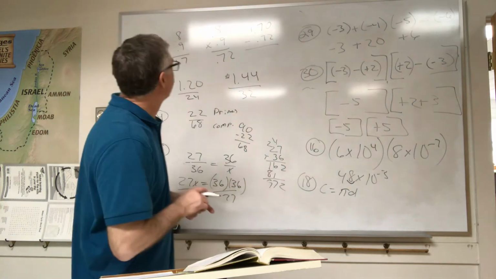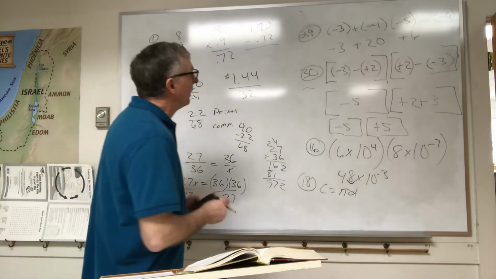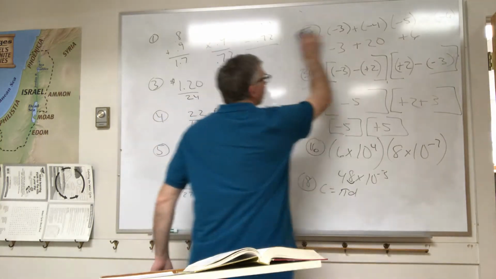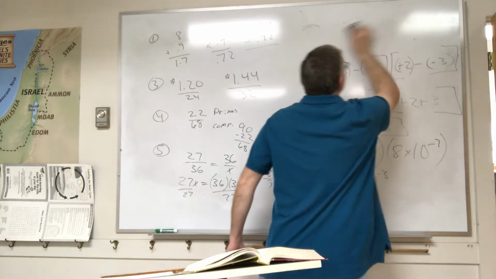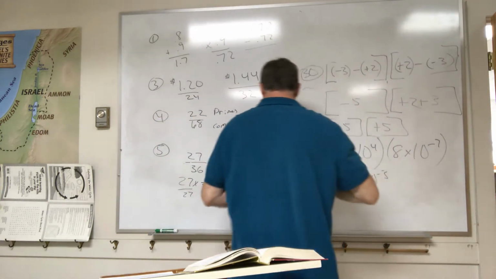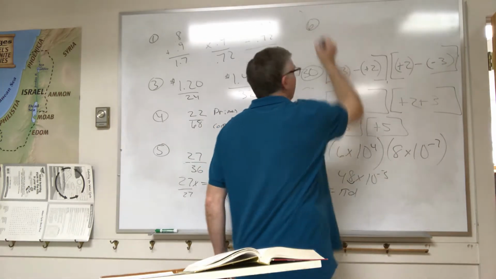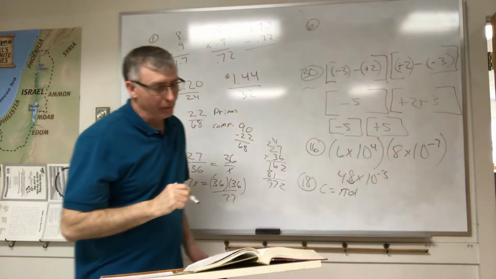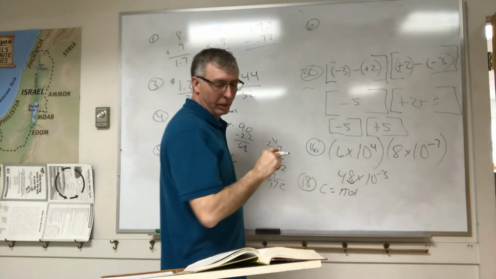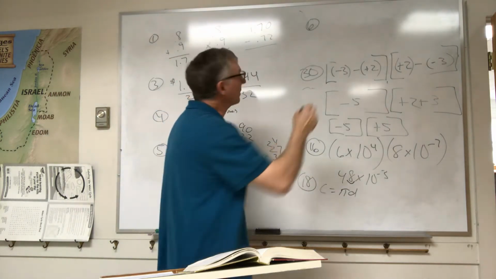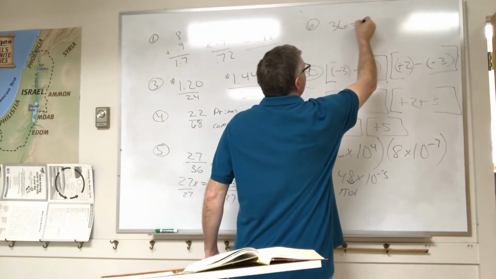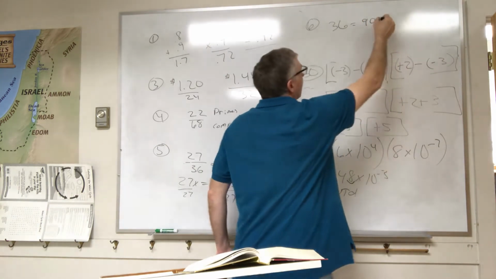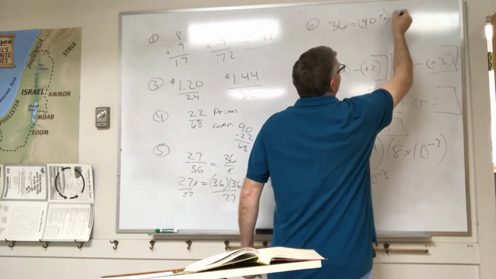Number 6, the sale price of 36 was 90% of the regular price. What was the regular price? So 36 is 90%, right, of some number.